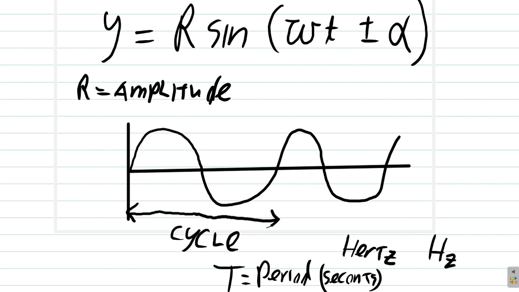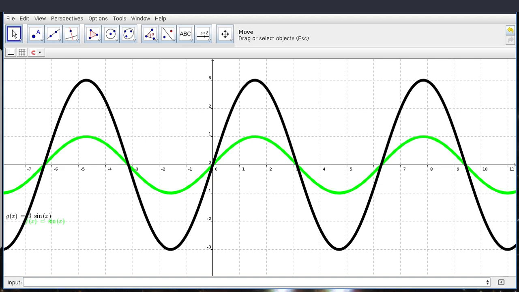Now, let's keep r at 1. We're going to go back to the original graph, and then we're going to change omega and see what it does.